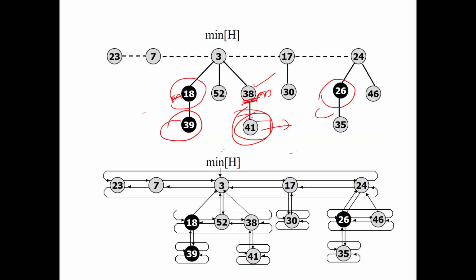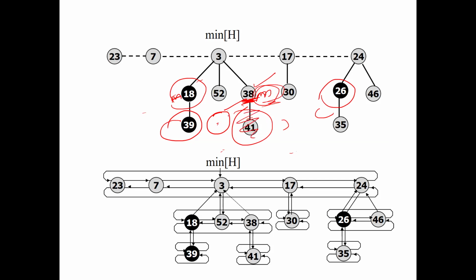Now, suppose this one has one more child and it was unmarked. When you lose this child, you naturally mark it, or you shade it as black.